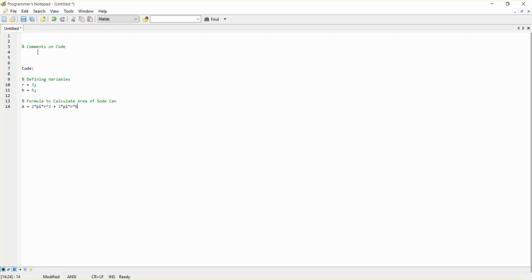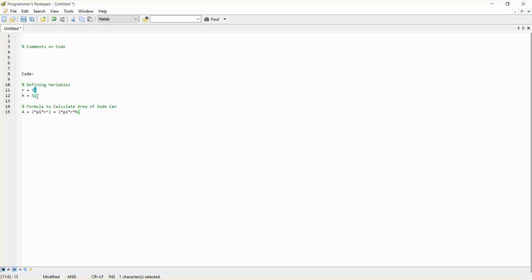So here is where percent signs are essentially just used to tell you what's happening in the code. That way you can go back, because if you write, let's say, 500 plus lines of code, and you can't remember where this formula is, or where you put this value, then if you go through and look at each and every comment you made, there's a pretty good chance you're going to run into it. So that's what comments are for.